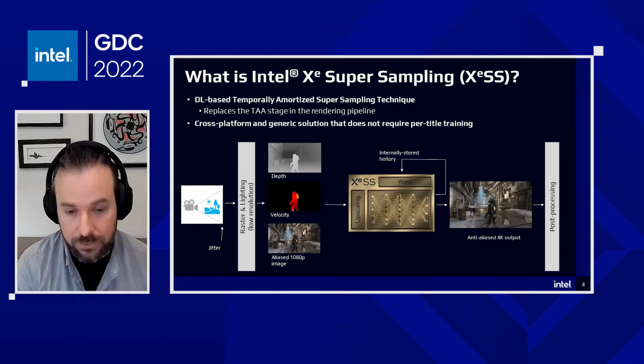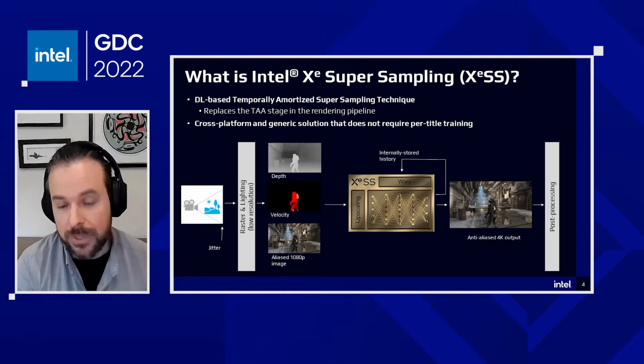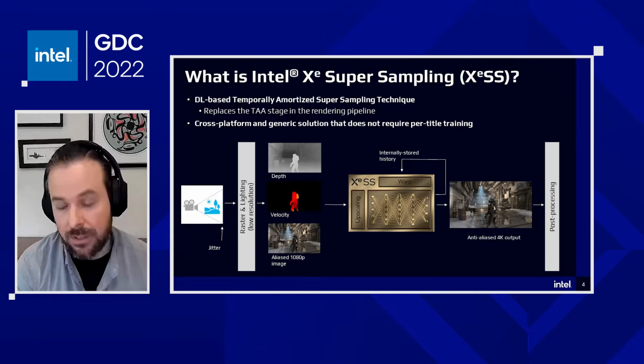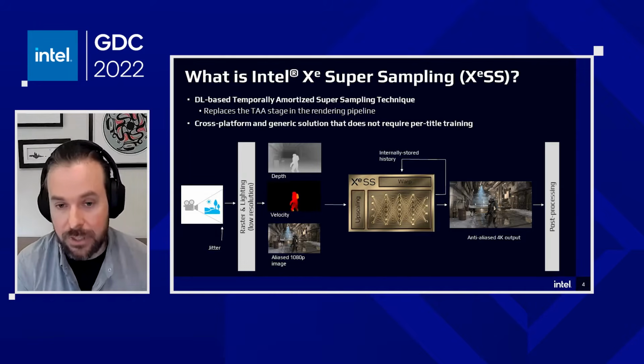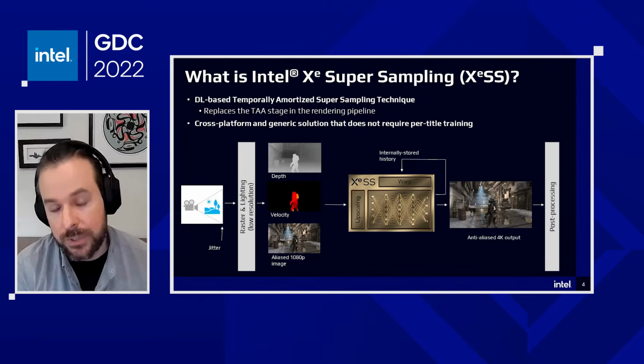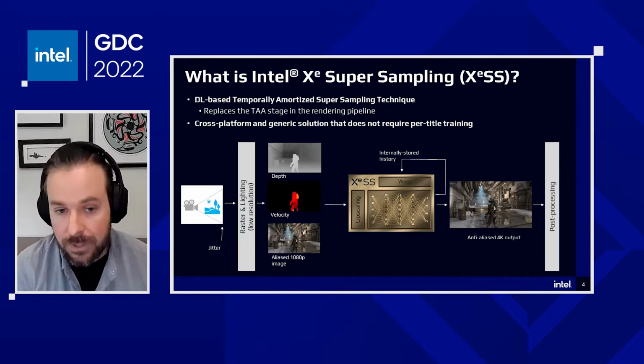All of them are low resolution. The color buffer is aliased. All of these buffers are then passed to XeSS, where XeSS will upsample this image, in this example from 1080p to 4K, and also apply anti-aliasing. This is done as one pass. Thanks to that, you have an upscaled high-quality image, although you're rendering to a low-resolution input image.